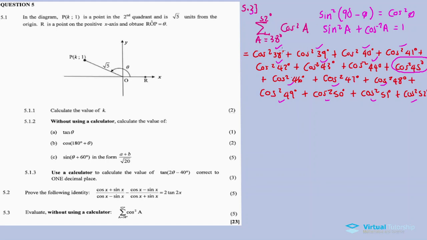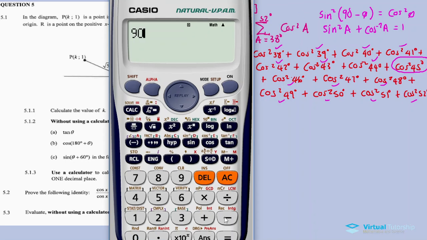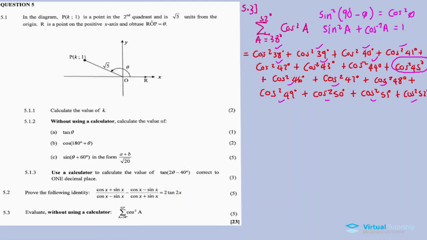So the 38 degrees, applying the co-ratio, 90 degrees minus 38, I get 52. Then minus 39 I get 51. But when I apply a co-ratio, this changes to sine squared.